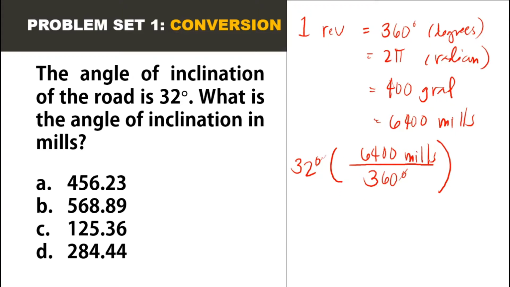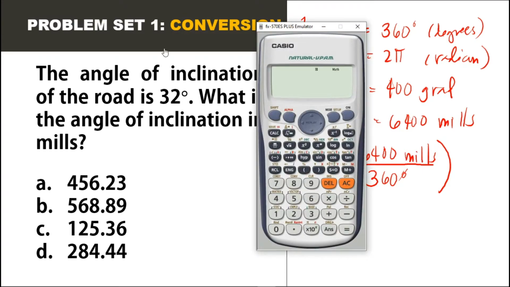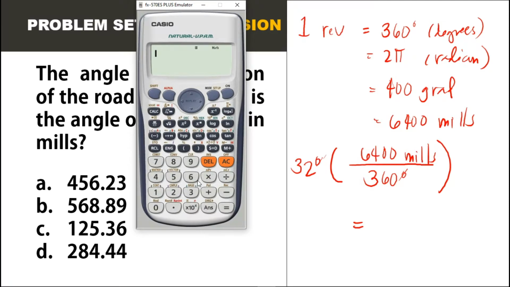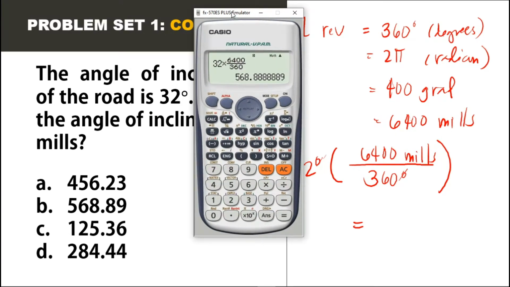We have mils, which is equal to, we can use our calculator, 32 times 6,400 per 360. We have 568.89. So we have B as our answer.